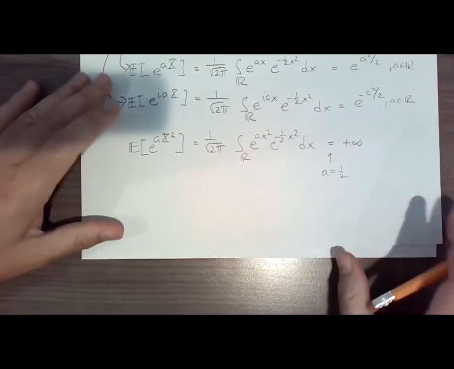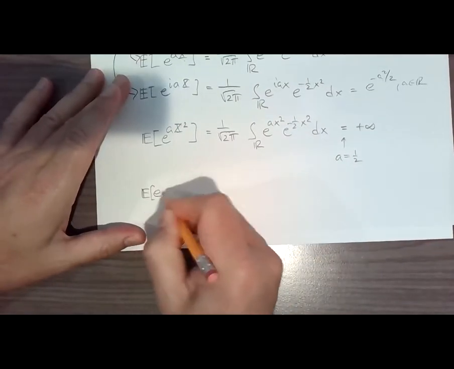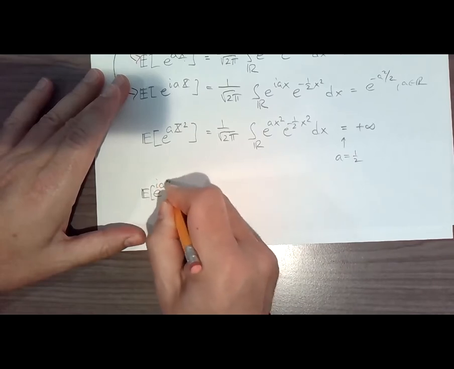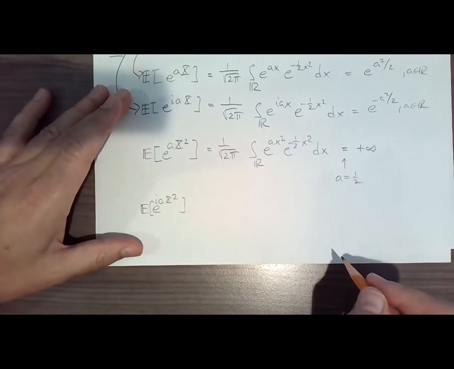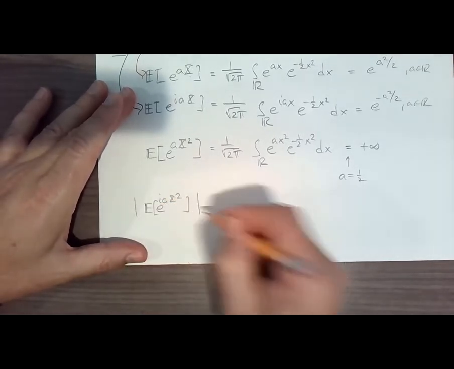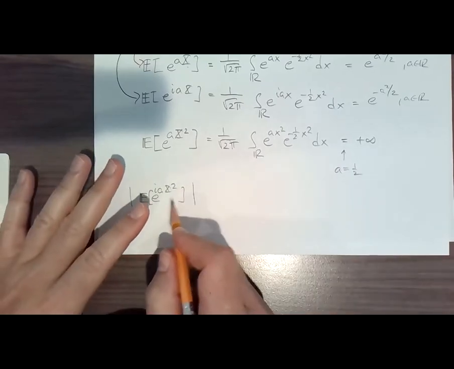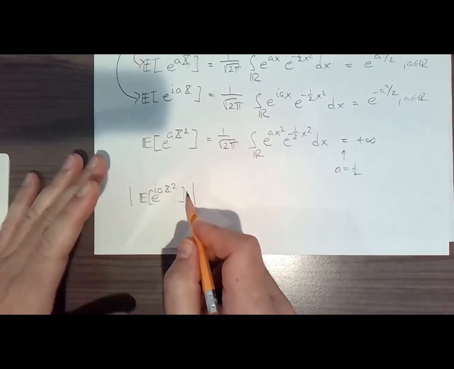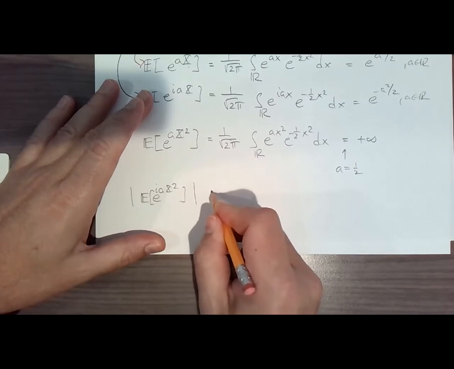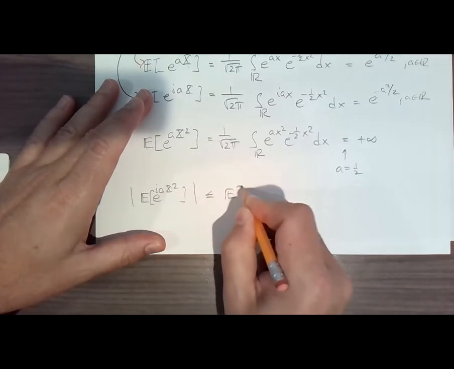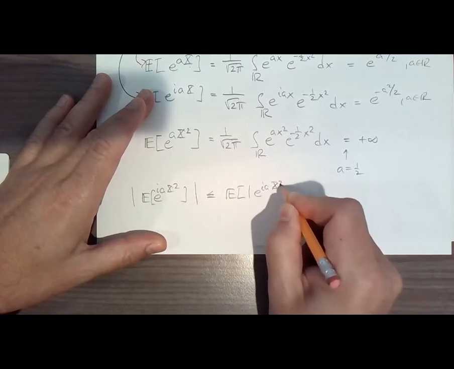Now let's have a look at what happens over here on the other hand. e to the i a x squared. Well, if I took the absolute value of it, this is a complex number, right? We're taking the expectation of a complex random variable. If I moved the absolute value inside, I'll have the absolute value of e to the i a x squared.